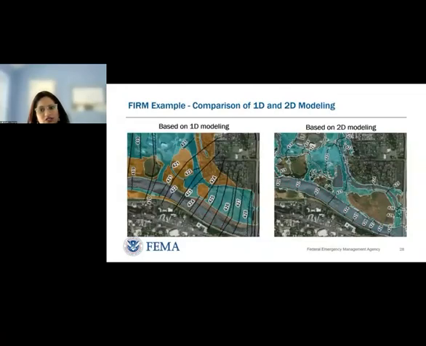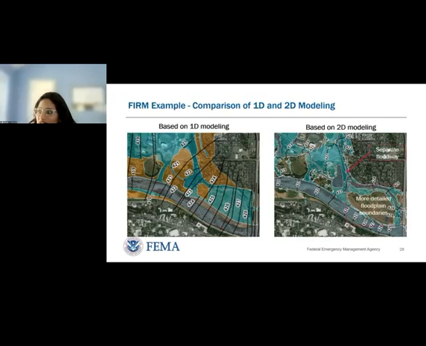So again, since we're still talking about the introductions and comparing 1D and 2D, how different are the flood insurance rate maps going to be when you compare between a 1D and 2D? Here is an example of how different a 1D and 2D model can make the floodplain mapping on the final FIRM. In this example, the flooding source is analyzed using both 1D and 2D, just to show the comparisons.